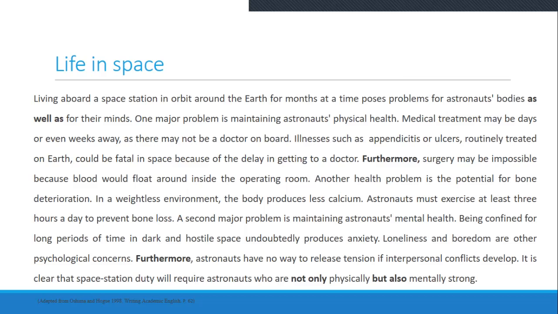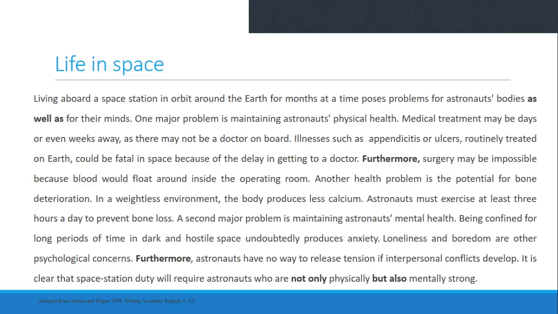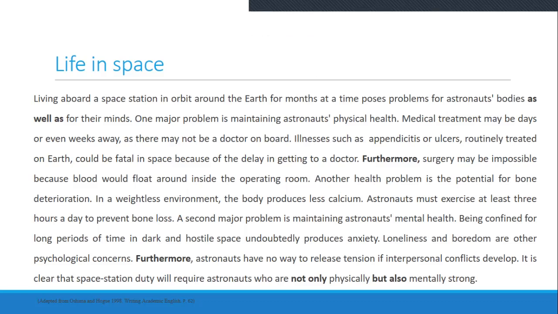I will come to the concluding sentence and explain the differences and similarities between this concluding sentence and the other concluding sentences, right? So it is clear that space stations will require astronauts who are not only physically but also mentally strong, right? I will explain this concluding sentence later on, right? Look at these linking words. Please pay attention to how these have been used as well.